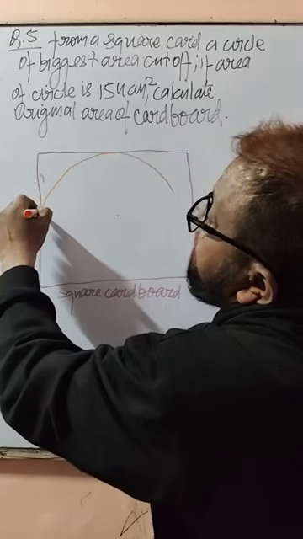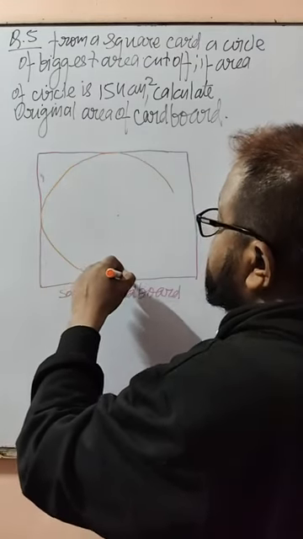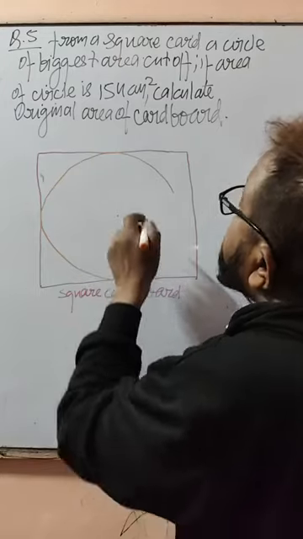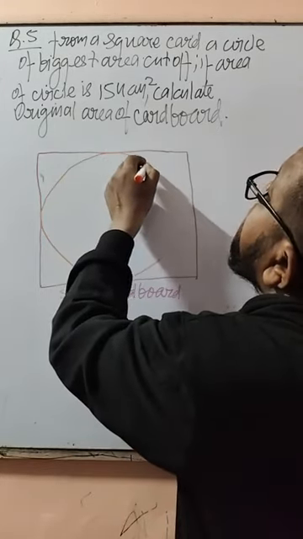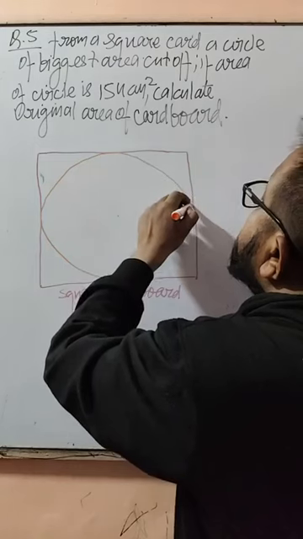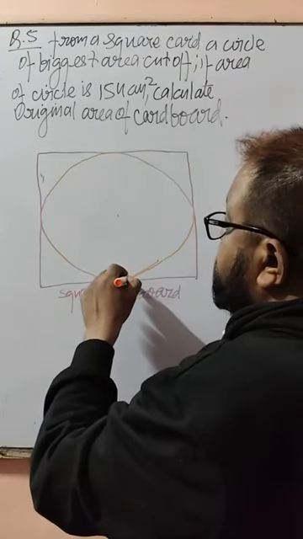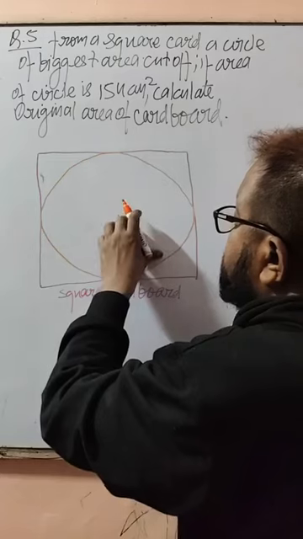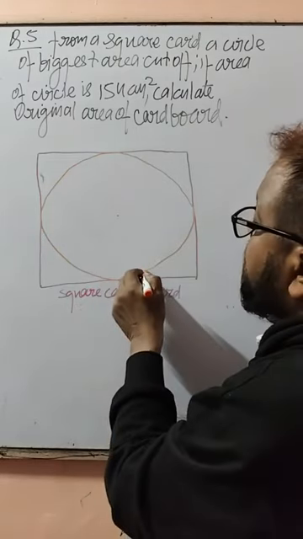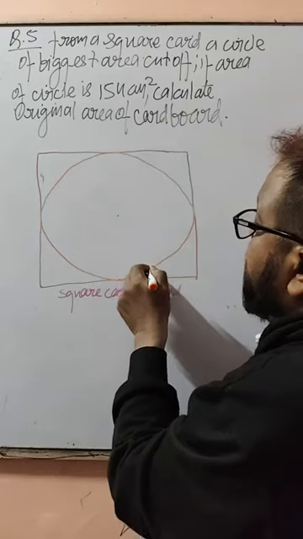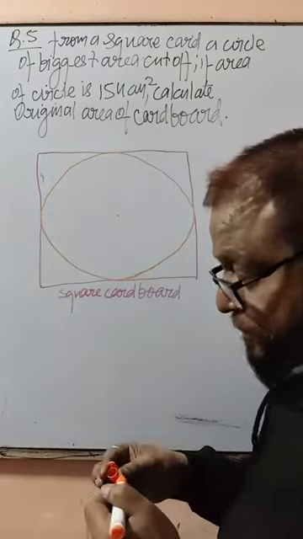Like this, like this, like this and like this. This is the circle of largest area, right?